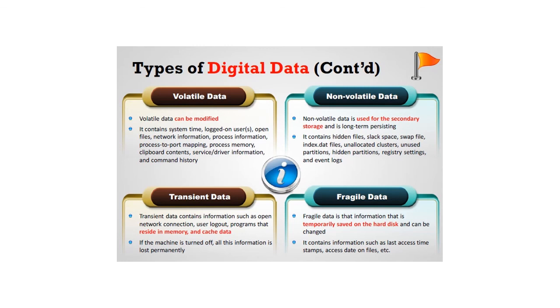That is volatile data. Then we have what we call non-volatile data. Non-volatile data is used for secondary storage and is long-term persisting. Non-volatile data contains hidden files, slack space, swap files, index files, unallocated clusters, unused partitions, hidden partitions, registry settings, as well as event logs.